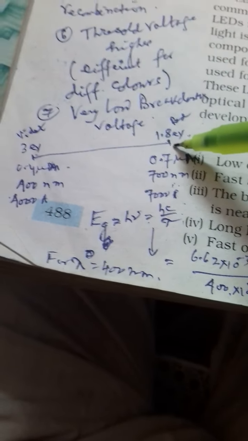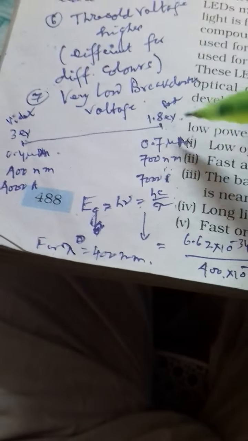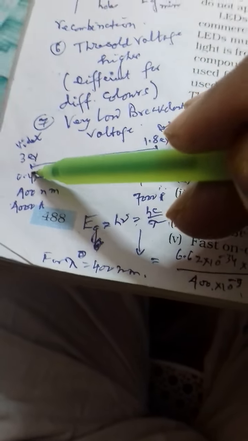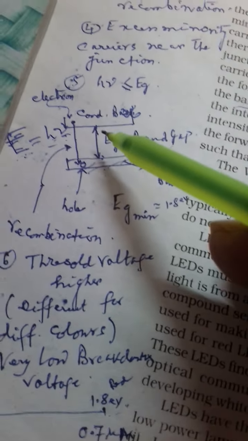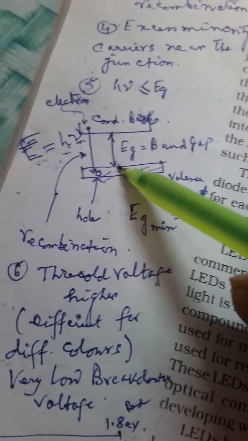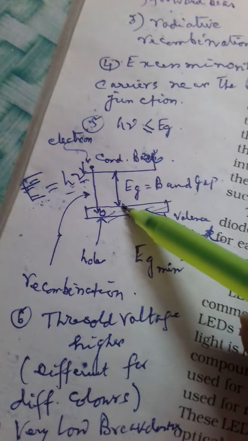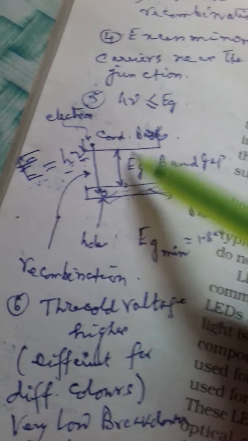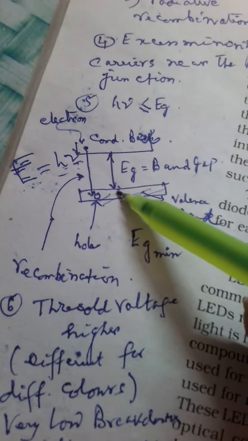Okay, the 1.8 volt to 3 volt, this band gap. So any type of material will not act as LED. What type of material will be effective for use as LED? One whose minimum band gap is 1.8 volt.